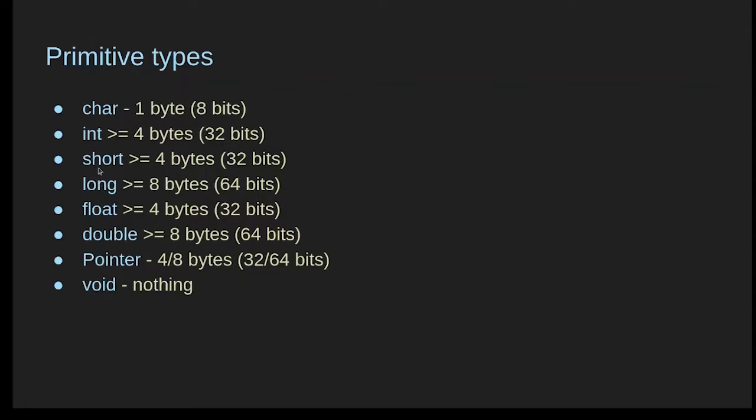Then you can have, on top of shorts, longs, which are always larger than integers. So with them, you can encode a lot more information, a lot larger numbers. And then you have the floats, which, as we said, are your floating point numbers or your fractions. So things like 37.345, so on and so forth.